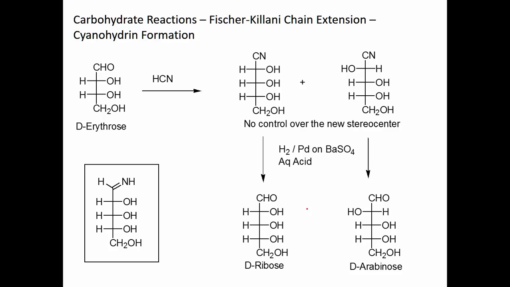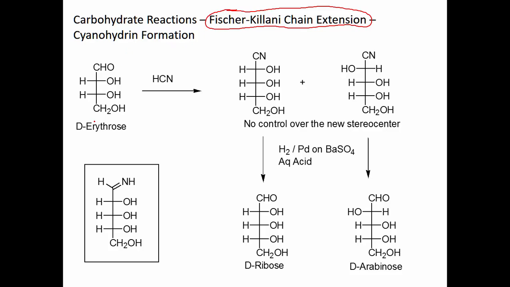And one of the important reactions is the Fischer-Kiliani chain extension. Okay, this is a very important reaction in the field of organic chemistry because it established the structures of all of the aldohexoses, aldopentoses, and aldotetroses.